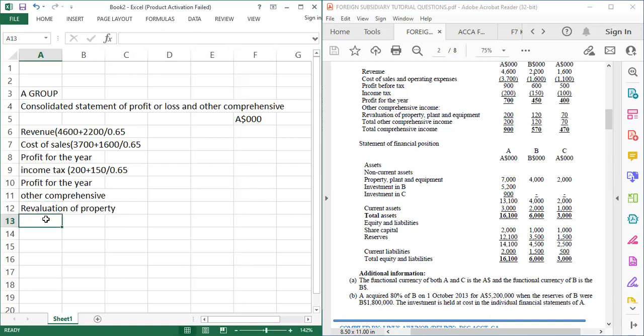The parent figure is 200, plus the subsidiary's, which is 120 divided by 0.65.